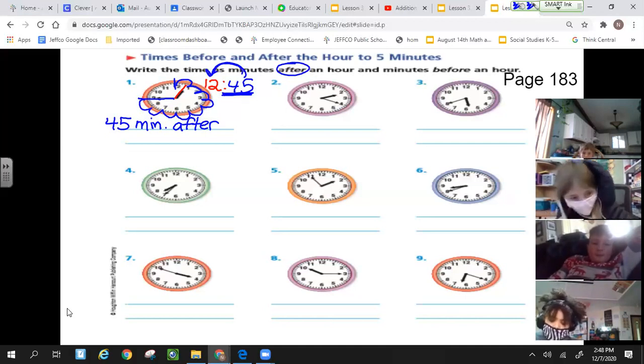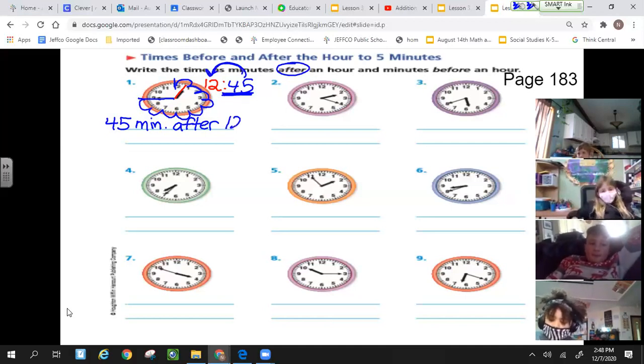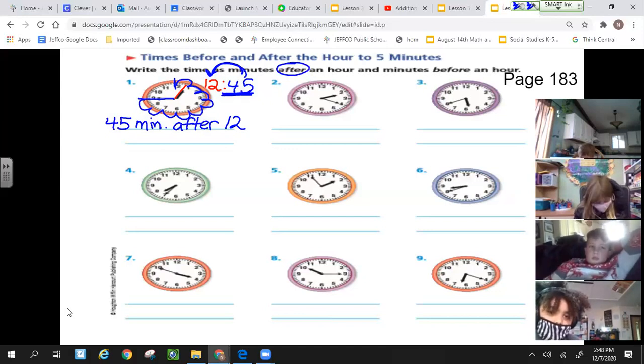It's pointing at 12, 45 minutes after 12. So that is how I would use after to tell that time for 12:45. It's 45 minutes after 12.